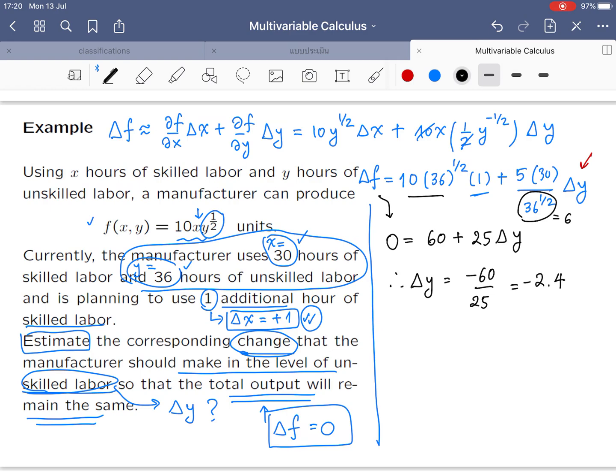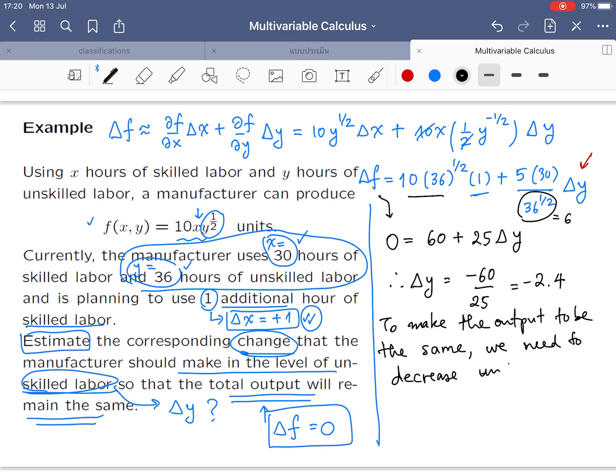So it means that to make the output the same, we need to, of course, decrease the unskilled worker.